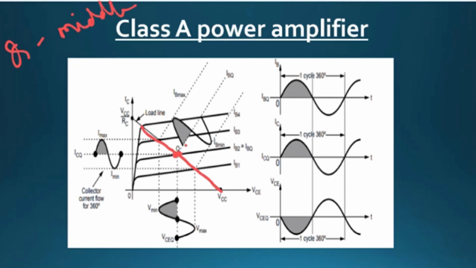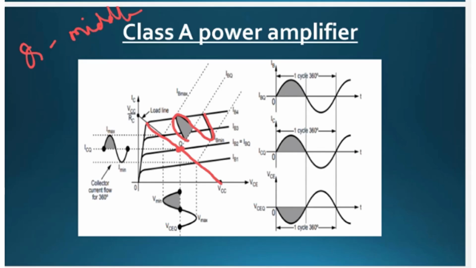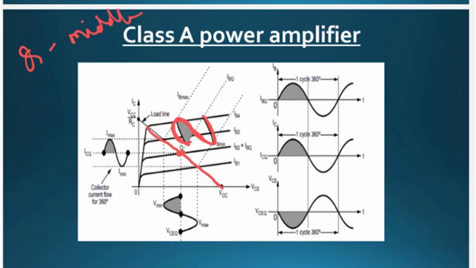Now, as Q is in the middle of the DC load line, see this is the input you are giving. This is the input current, the base current. The sinusoidal base current is due to the sinusoidal signal that you applied to the Class A circuit.